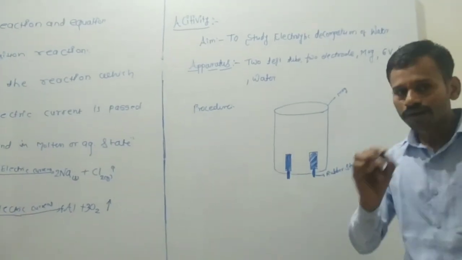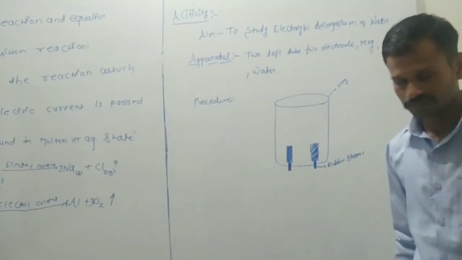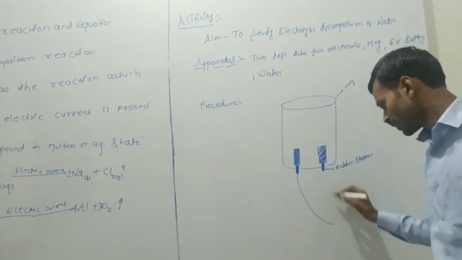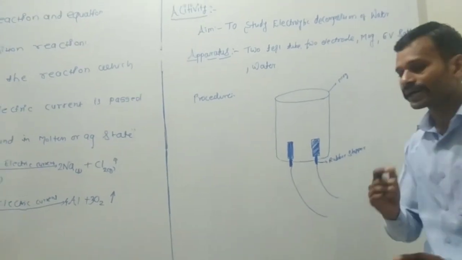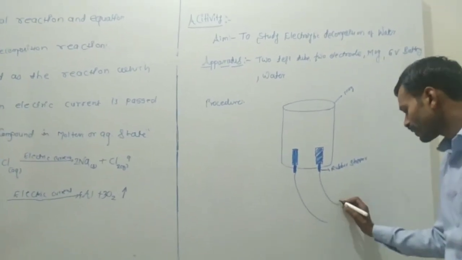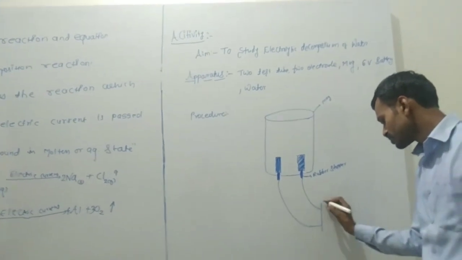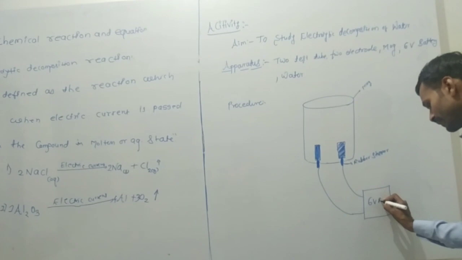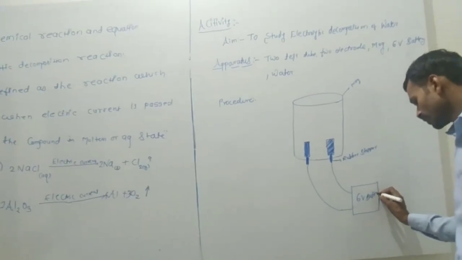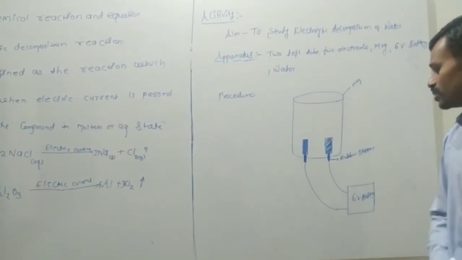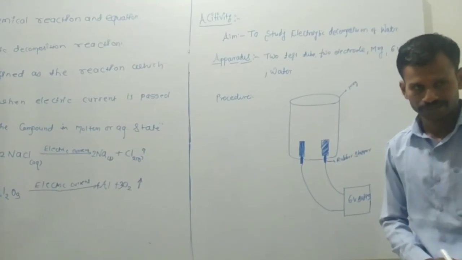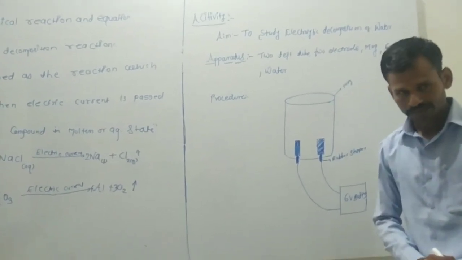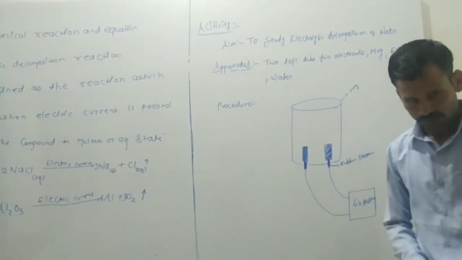Now take a connecting wire. This is one connecting wire and this is the second connecting wire, and these two connecting wires are attached to the 6-volt battery. After that, take two test tubes.